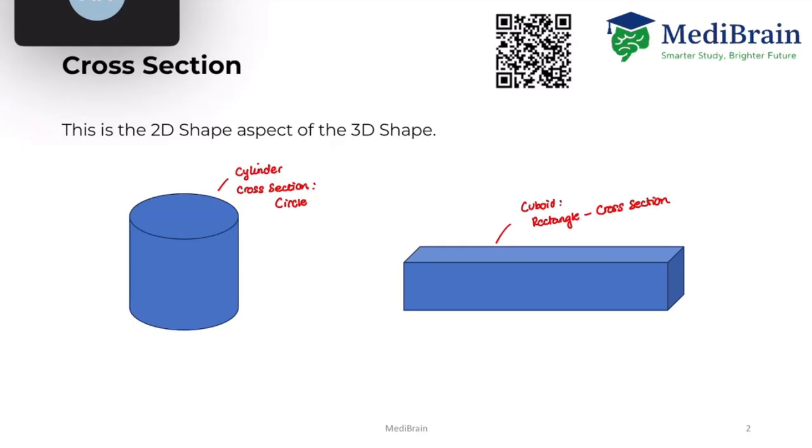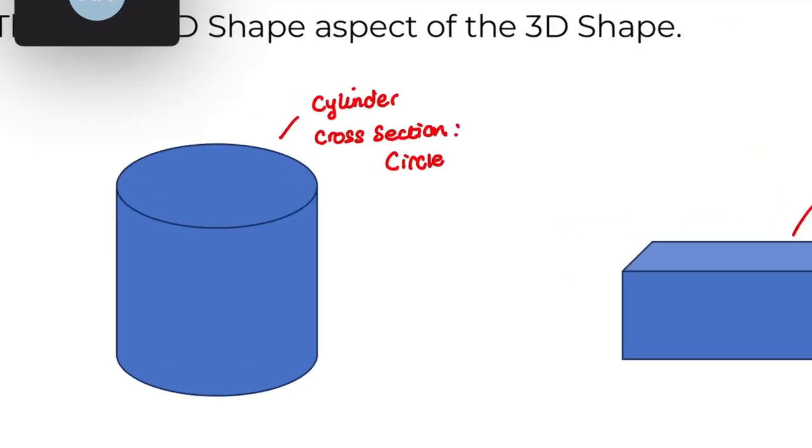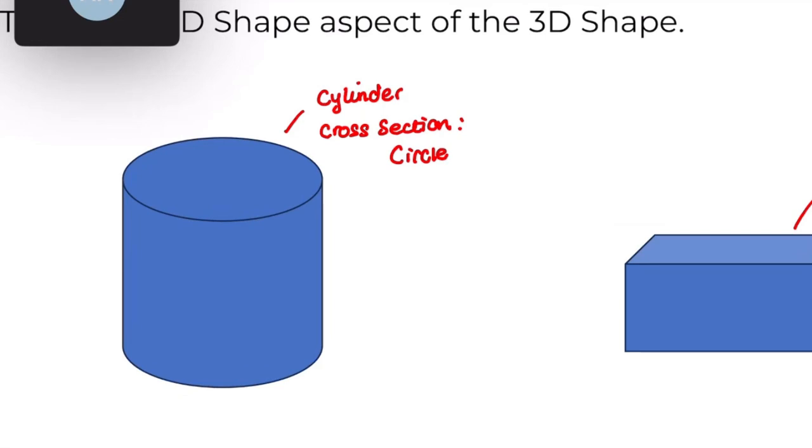All we're doing over here is looking at cross sections, and whenever we're working out volume, we're going to be working out the volume of any prism. Any prism that you're given, you should be able to work out the volume. Here we've got a cylinder, the 2D shape is a circle, the circle is the 2D shape that's being stretched.